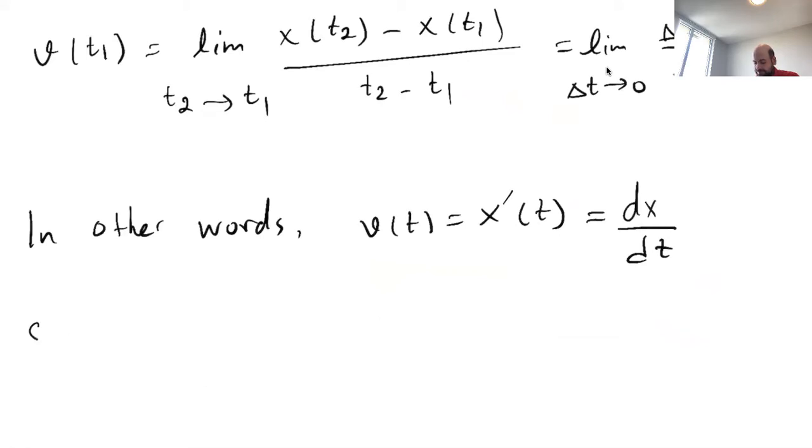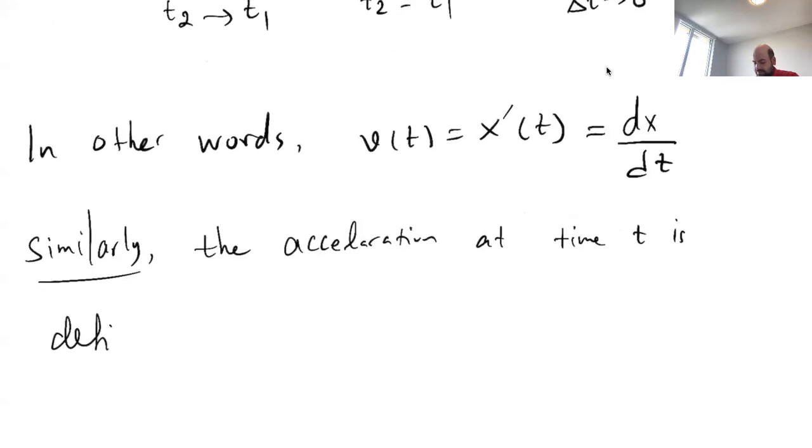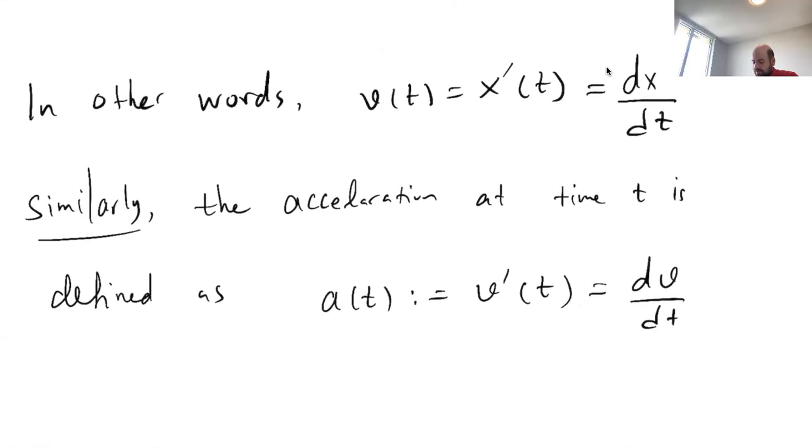Similarly, the acceleration at time t is defined as a of t equals v prime of t, the derivative of velocity, which is dv over dt.